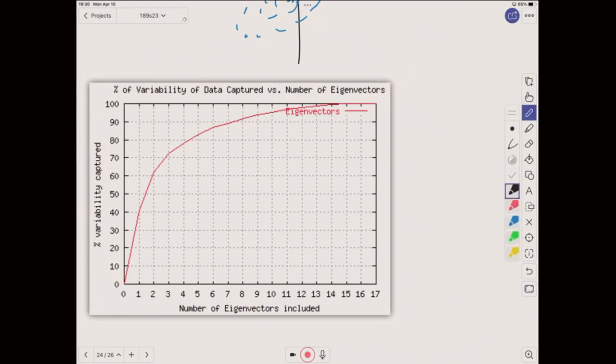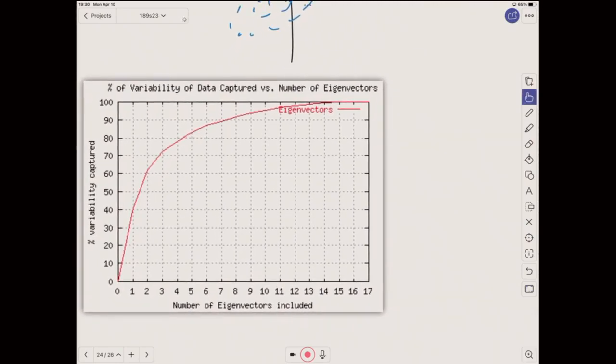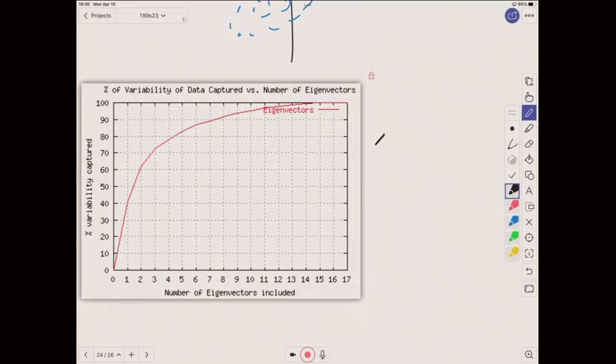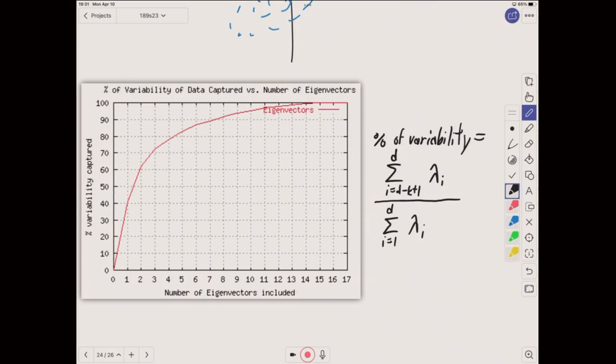The formula for what's being plotted on the y-axis here, the percentage of variability, is defined to be the sum over the biggest k eigenvalues divided by the sum over all 17 eigenvalues. And so that'll be monotonically increasing with k.